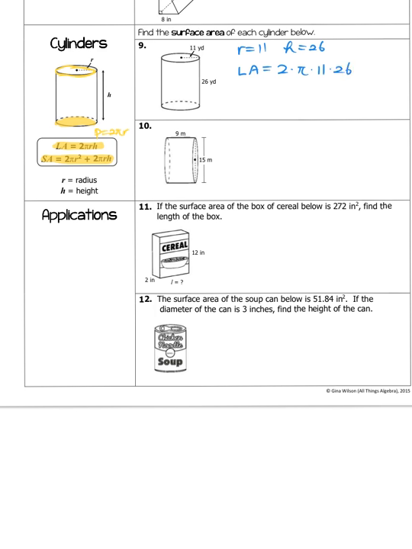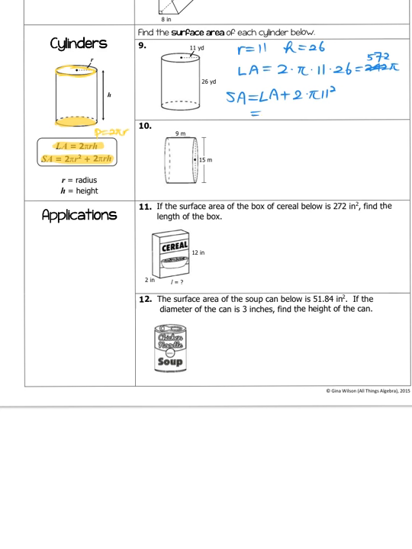And once I find out my lateral area, that should be 572 pi. Oh, I'm sorry, I need to add the top and bottom: pi r squared times 2, which is 242 pi.